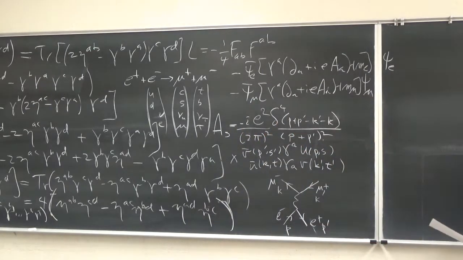Okay, so that's the single amplitude for electron, positron goes to mu plus mu minus.